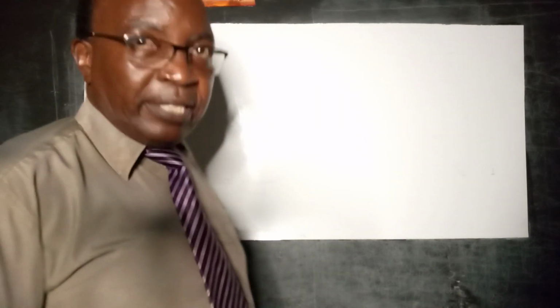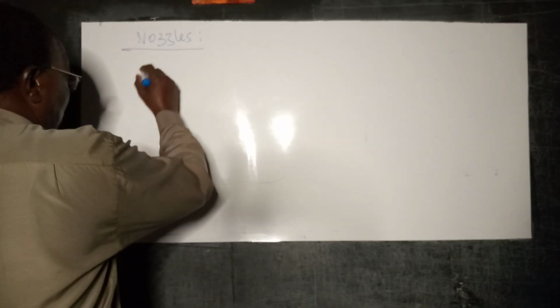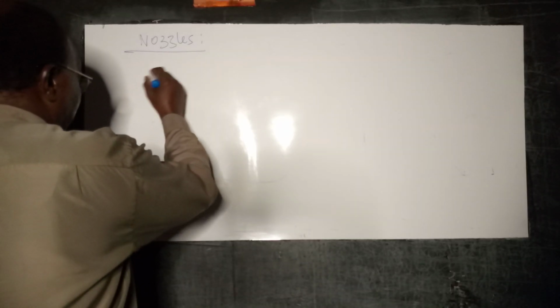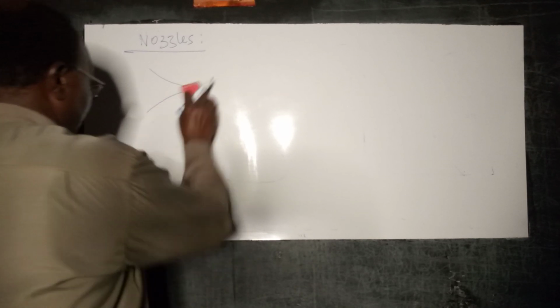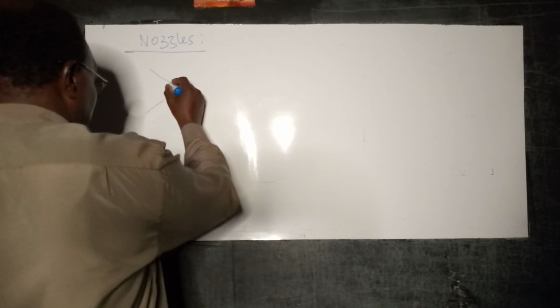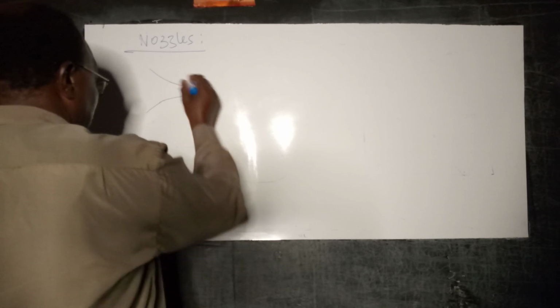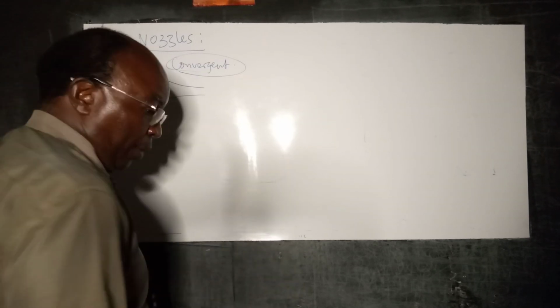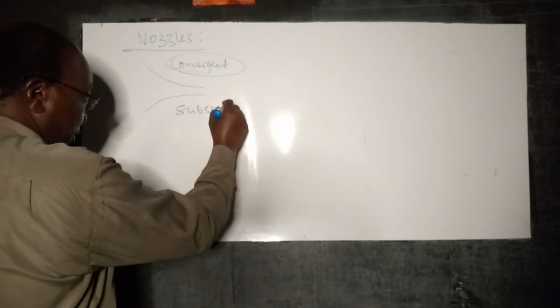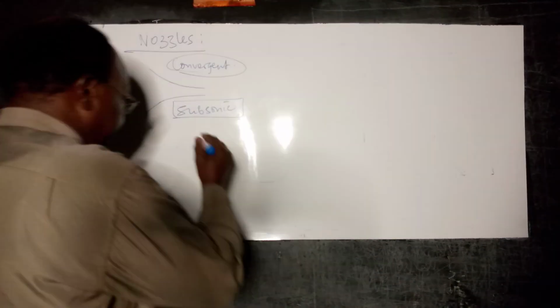For example, if we have one which is converging, the kind of flow here will be what we refer to as subsonic. The flow will be subsonic, and on a subsonic flow, the Mach number for that fluid flow is less than 1.